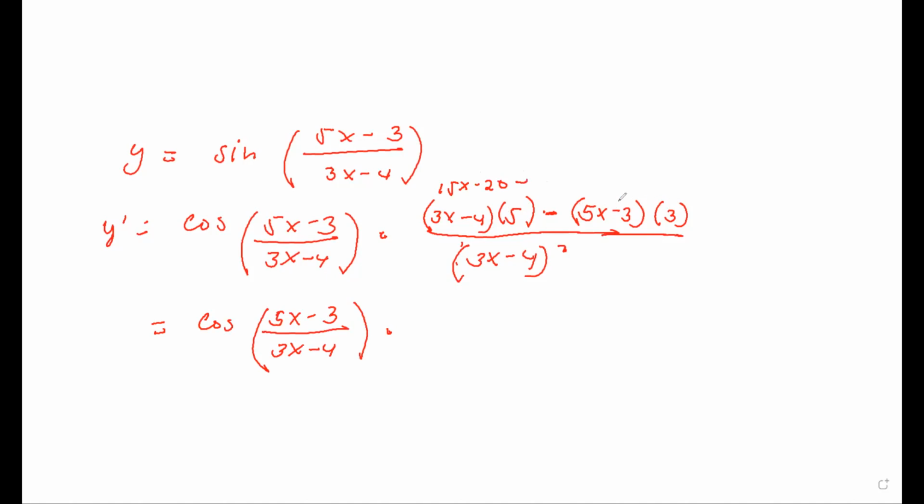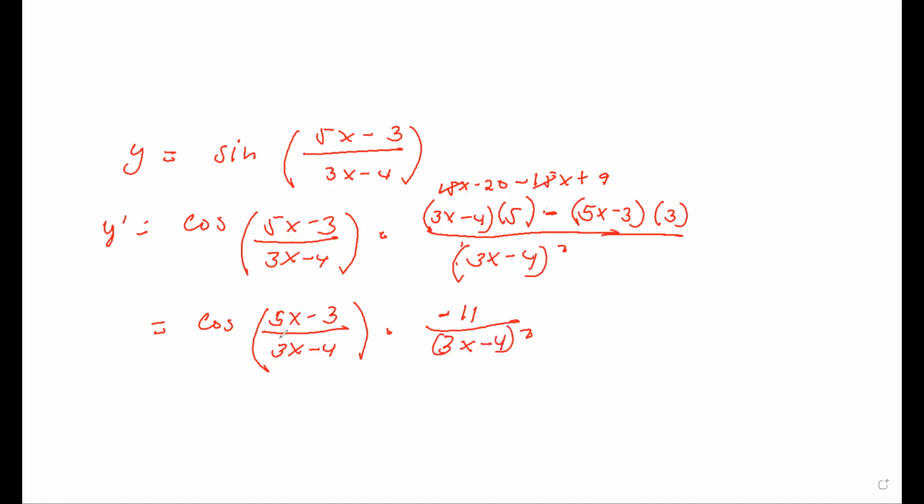So 5x times 3, negative 15x. Tapos negative, so you have negative 9, kaya lang meron kang negative doon, so magiging plus 9. So all in all, makakancel out yung 15x. So, hope tama, no? Negative 11. So, the answer is negative 11 over 3x minus 4 squared.